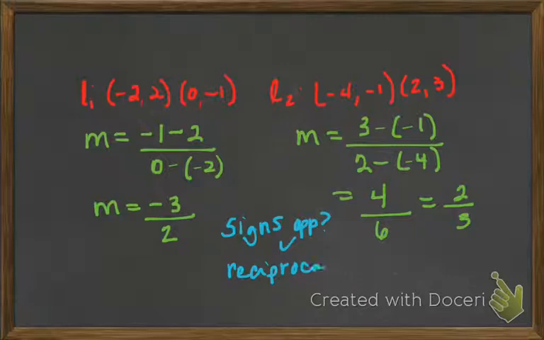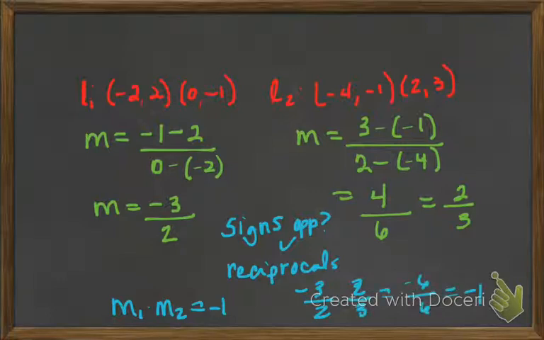So I would call this perpendicular. To check, let's multiply. We know that m1 times m2 should be -1. -3/2 times 2/3 gives me -6 over 6, which is -1. So these lines are indeed perpendicular.